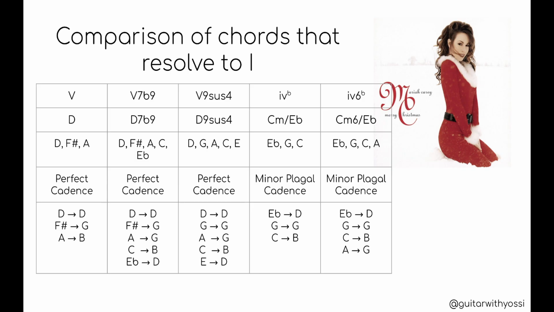Let's see if I'm able to do this with the guitar. So we've got a D going to D. We've got F sharp going up to G. We have A going down to G. So that's A going to G. We've got C going down to B. We've got E flat going down to D. What I'm also going to do is add a G in the bass.